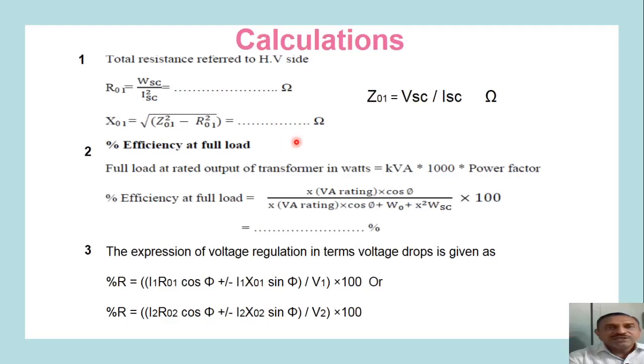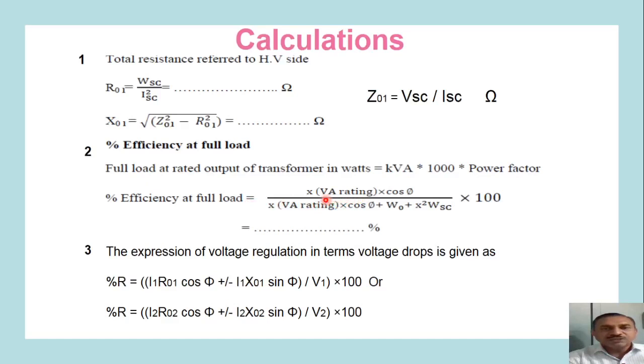Now once we get these equivalent circuit parameters and the two losses, that is the iron loss from the open circuit test and the copper loss at full load from the short circuit test, we can estimate the efficiency of the transformer at any kind of load by using this equation.